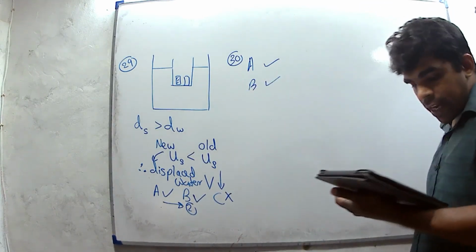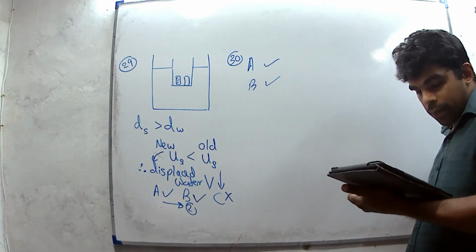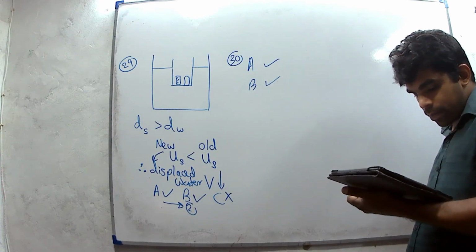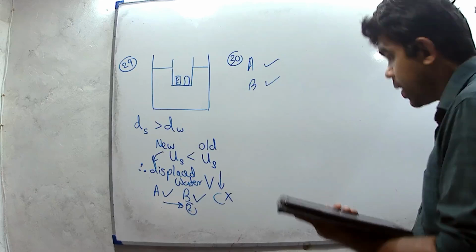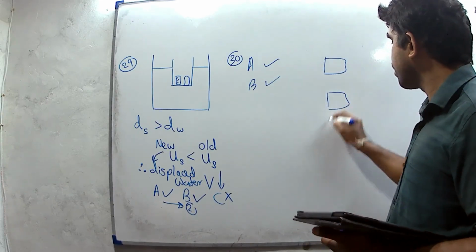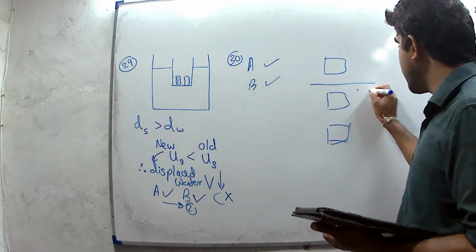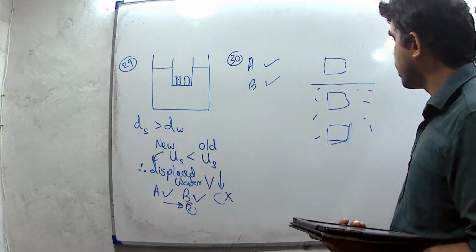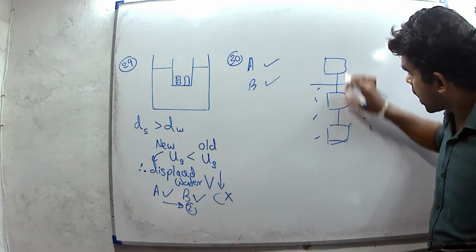C, if the tensions of the strings are equal, ρ2 equals ρ5. Tensions of the strings are equal. It means we can consider, we know that these two objects are in the same medium. These are strings.